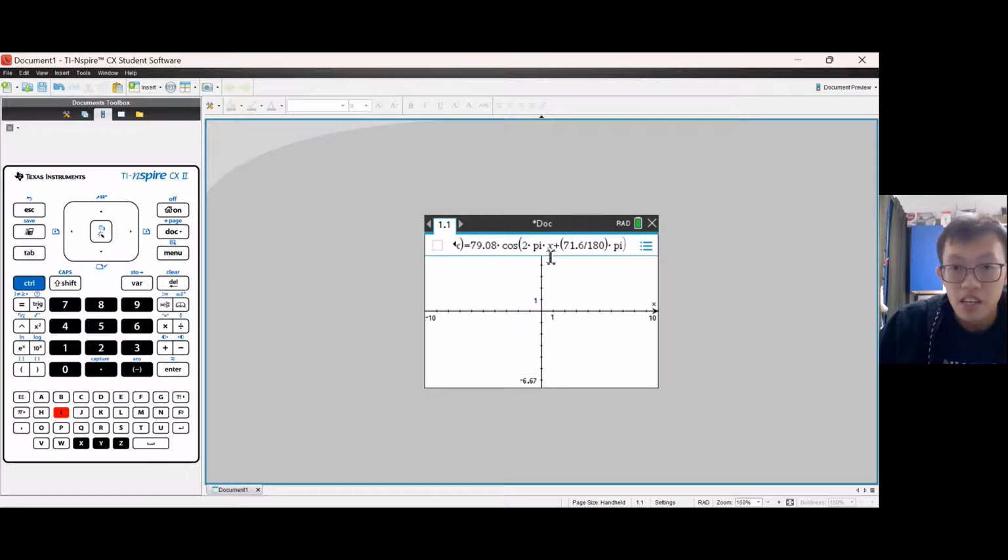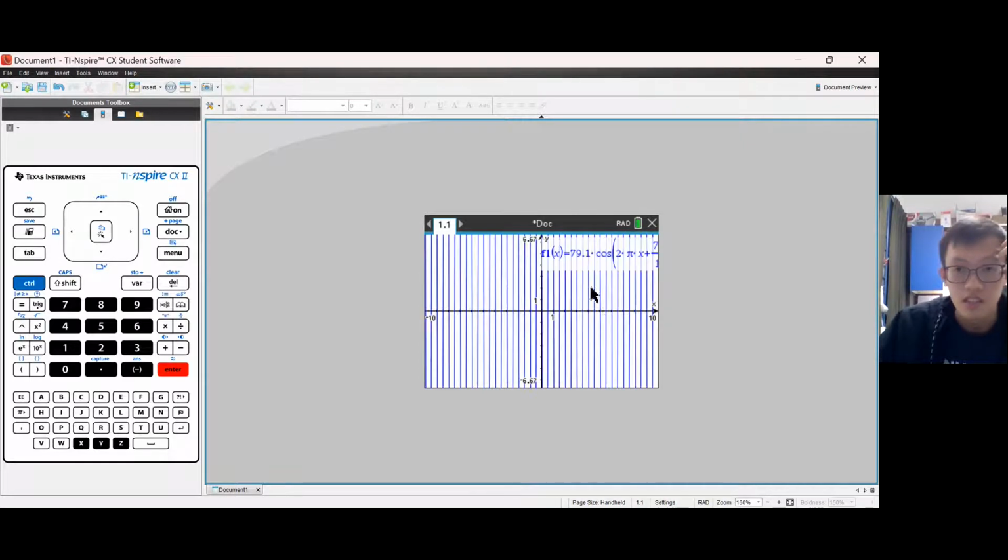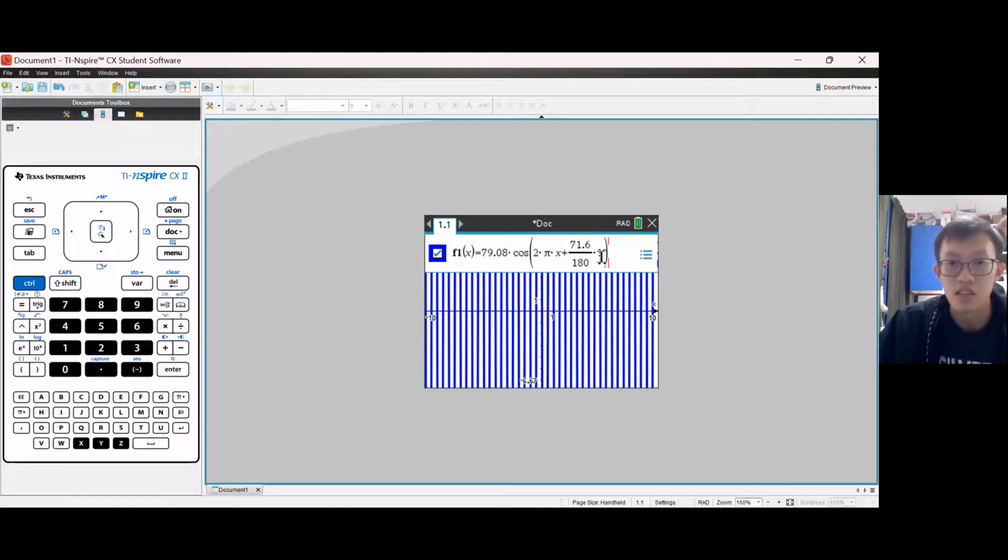Now notice that I put x instead of t because my calculator has its horizontal axis in x, so it doesn't matter. Just follow suit. So you make sure that your calculator is also in radians, okay, not in degrees, and you enter this. You should get a sinusoidal wave. Okay, I'm gonna do the next wave.